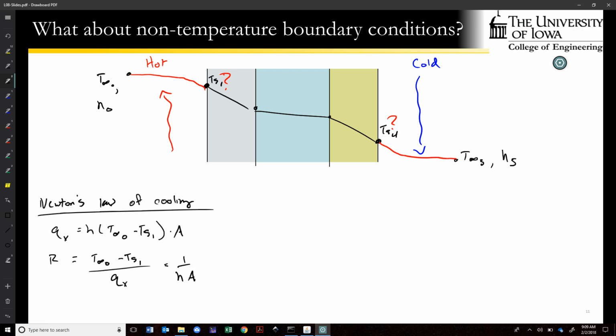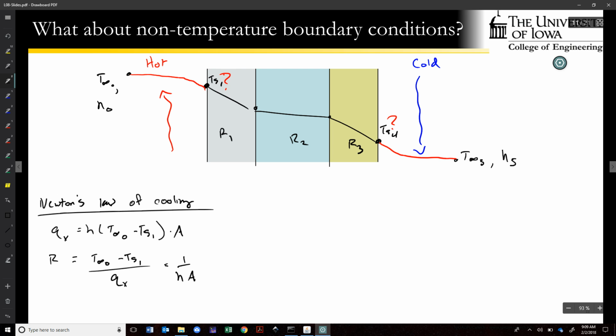All right, what does this do for us? Well, it allows us now to treat the heat transfer across this boundary by convection not as a boundary condition, but as just an extra resistance element. So when we're stacking up all those different resistances, we say that this one has R1, this has R2, this has R3.